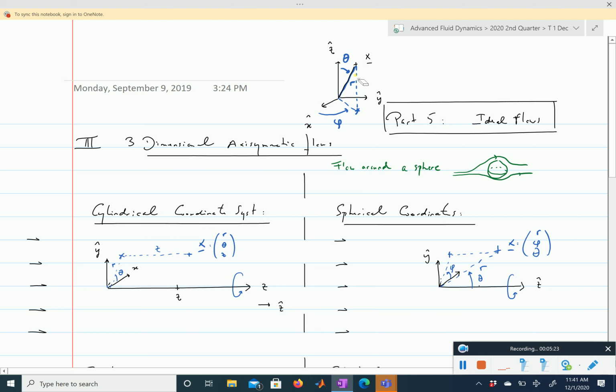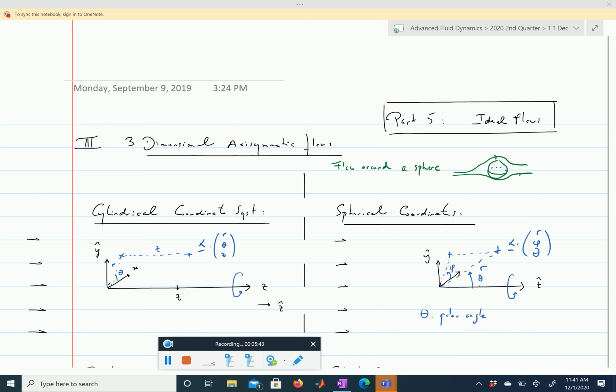Once you've projected r on the xy plane, the angle between x and the projection is the azimuthal angle. And this here, the angle between z and your radial vector is your polar angle. So theta is your polar angle and phi is your azimuthal angle.